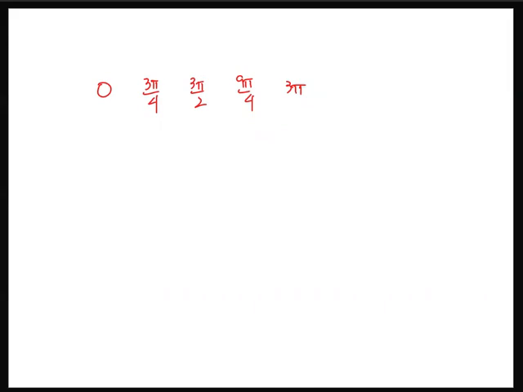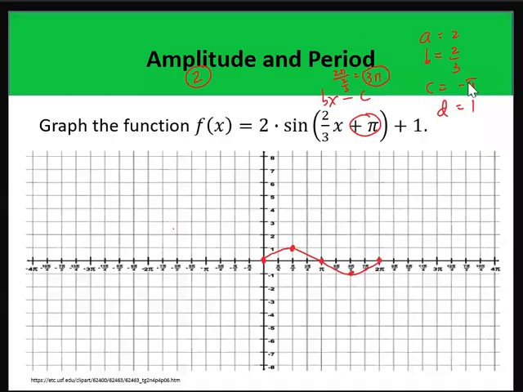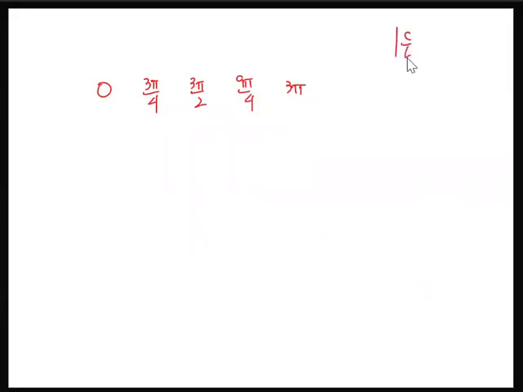However, if we will check the horizontal shift, it is c over d. So that's going to be the absolute value of c over d, which is the absolute value of negative 5 over the value of d, which is 2/3. So that's going to be the absolute value of negative 3 pi over 2, or that's 3 pi over 2.